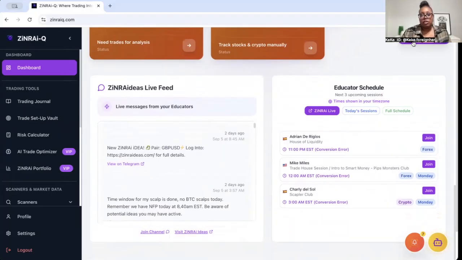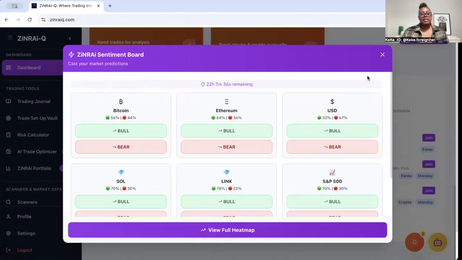The last thing that I want to show you is called a sentiment board. This is where you can actually choose your bias based off of the asset that is shown on screen. So this is not for you to go and say, oh my God, let me go see what the educators are thinking for me to then come back and answer the question. This is to really show the platform, are the customers learning?